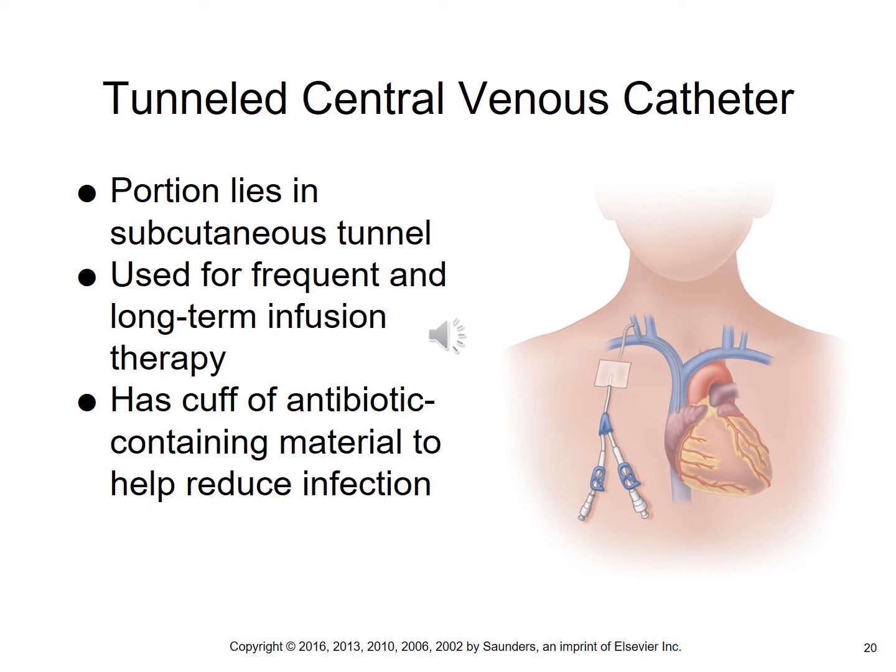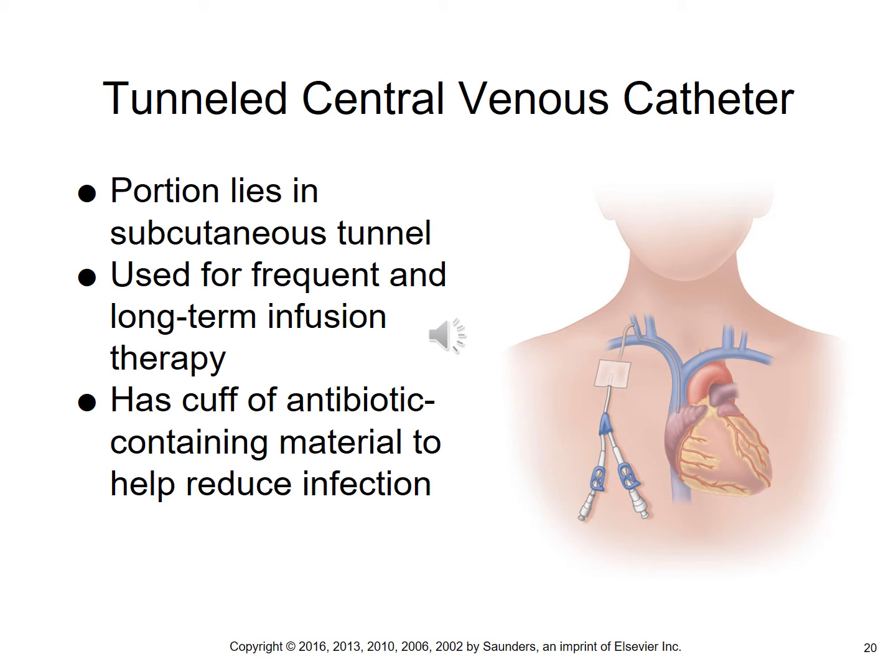So basically you have the outside catheter, and then you have the rest of the catheter tunneled in under the subcutaneous tissue. This is usually performed by a physician in the radiology suite. Basically, the catheter lies outside, and then it's tunneled through the subcutaneous tissue, and then it enters the vein from where it exits the skin.